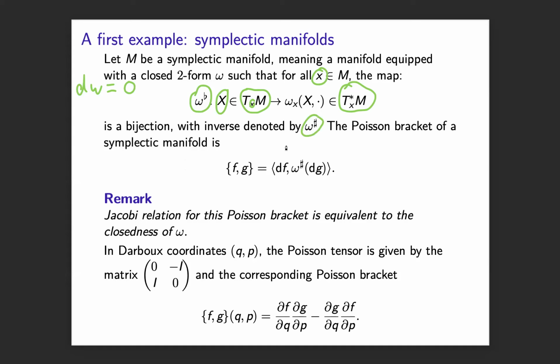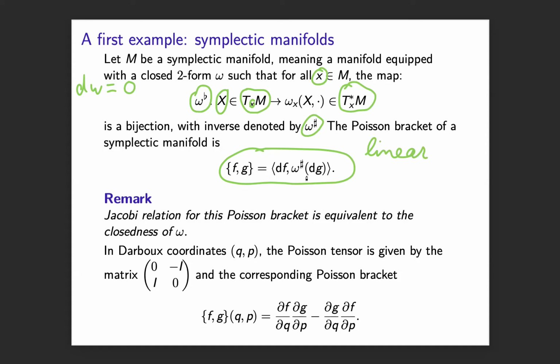Then symplectic manifolds are an example of Poisson manifolds, because one can construct a Poisson bracket on a symplectic manifold as follows. One sees that it is bilinear. It is linear because omega is a two-form, and those brackets are the pairing brackets. The de Rham differential is also linear.